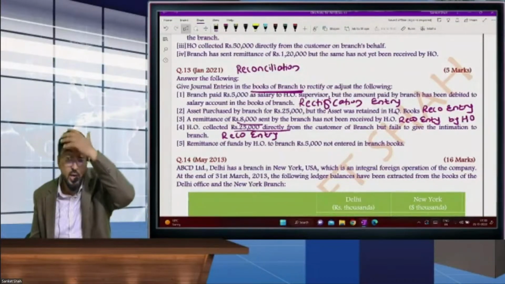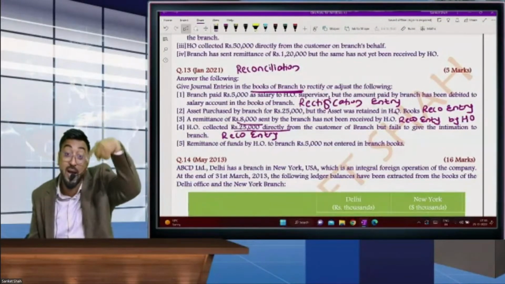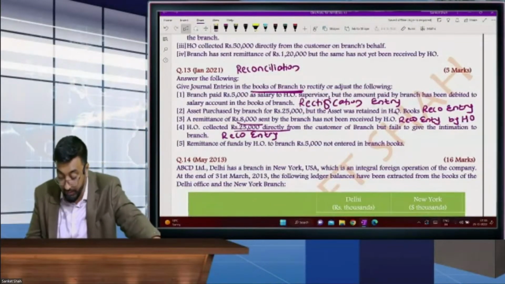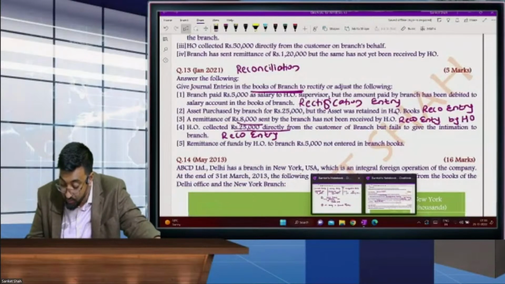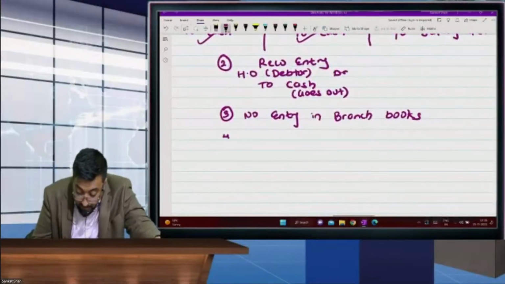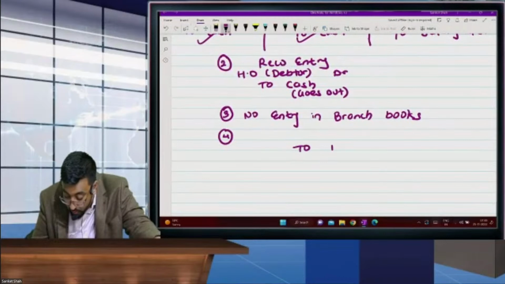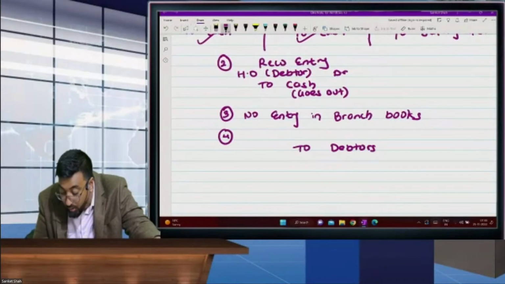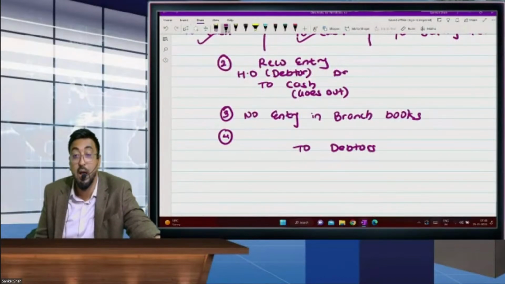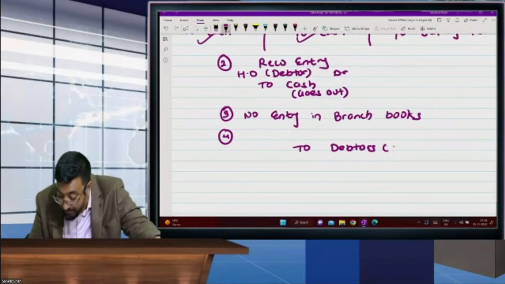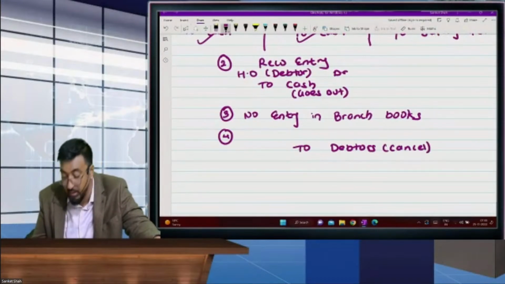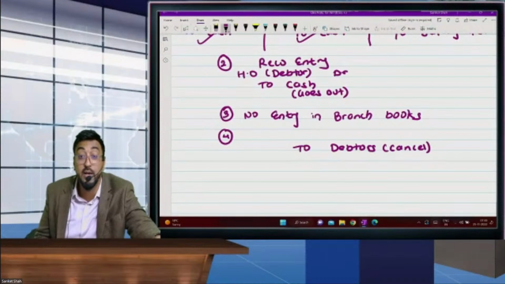Debtors, देखो HO ने branch के debtors को directly collect किया. Okay. So debtors is balance is going to reduce. So debtors को कौन सा balance होता है? Normally debit balance. So now we will give credit. We cancelled debtors of branch and branch does not getting any cash.